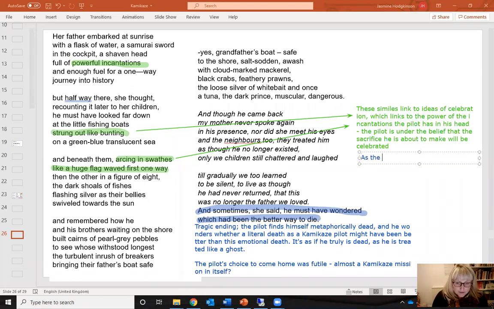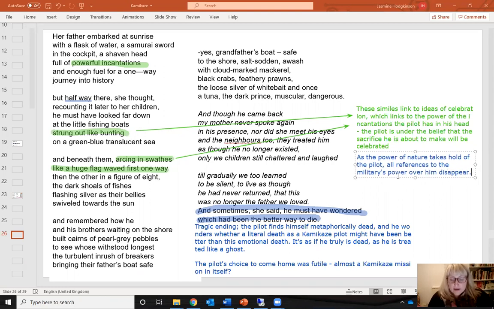as the power of nature takes hold of the pilot, all references to the military's power over him disappear. Okay, again, just as an interesting thing to note. All right, so again, it's that power of nature, power of man scenario.